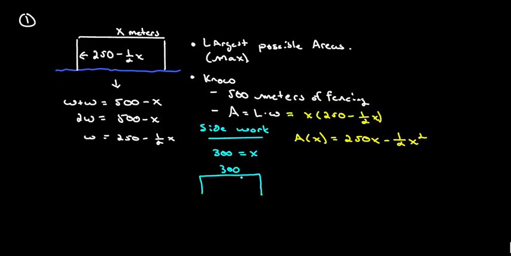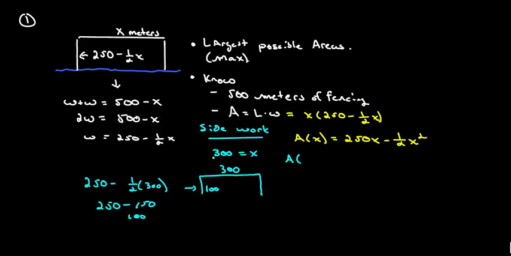Now you can take 300 and plug it into this equation right here. If you took 250 minus 1/2 times 300, then you would get 250 minus 150, which is 100, which is exactly what we said this side length should be, because this side length over here is 100.